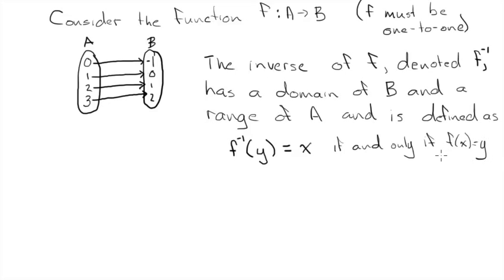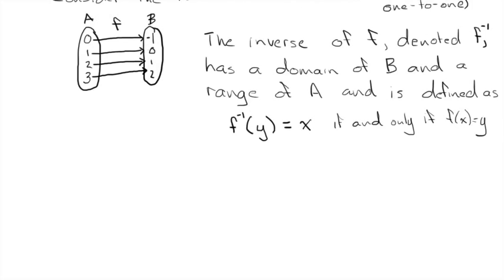So we can think about f inverse as basically the opposite of f. So if f took x to y, then f inverse would take y back to x. So this one here was f.